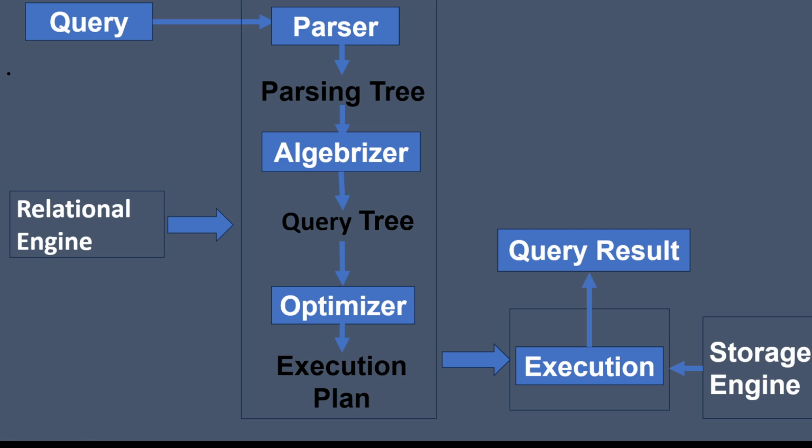If you want to read the data from multiple tables and your tables have some indexes, then based on your indexes it will generate the most efficient execution plan. Then this execution plan will be executed by the storage engine and it will return the output to the end user. Simple. So this is the process of how it works internally.